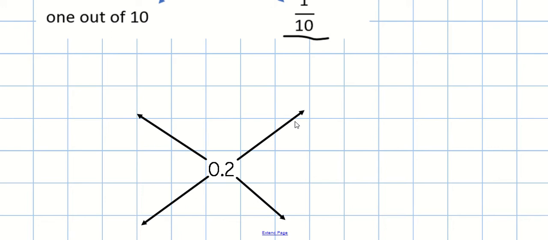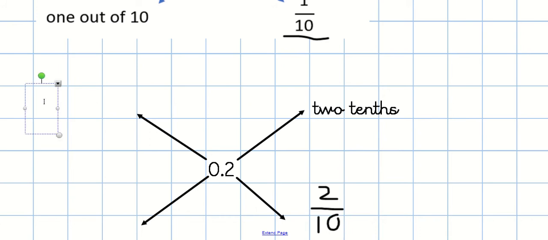Okay, let's have a think then. 0.2, well, we know that is 2 tenths. And then we know 2 tenths as a fraction will be written 2 over 10, like that. And then we know we can write it in words.